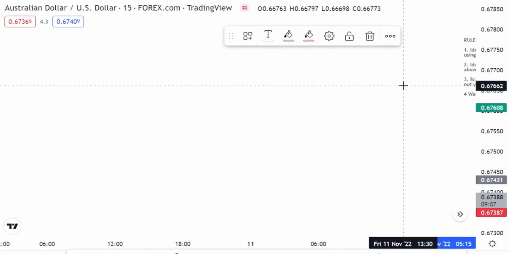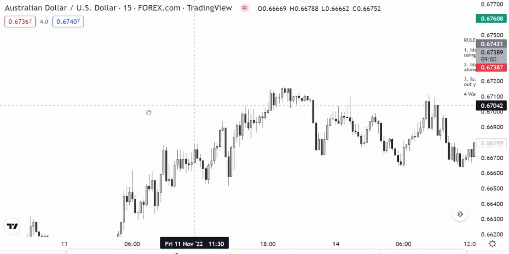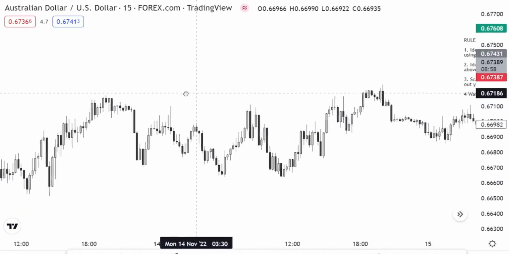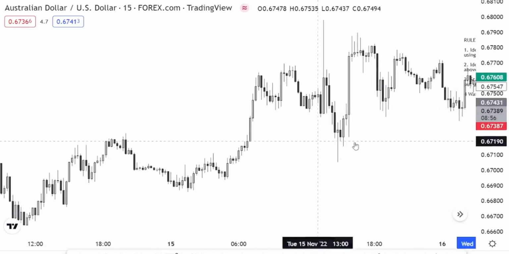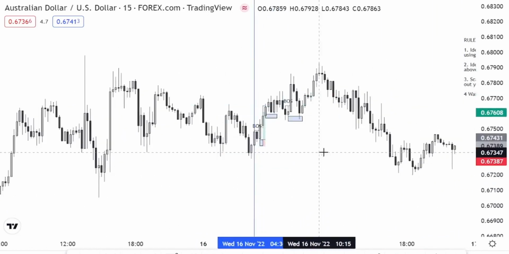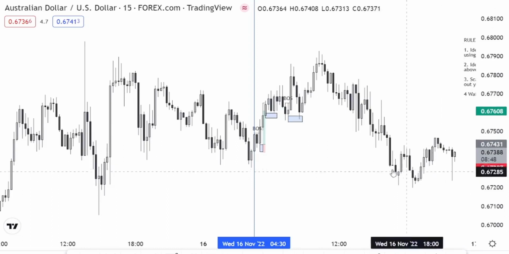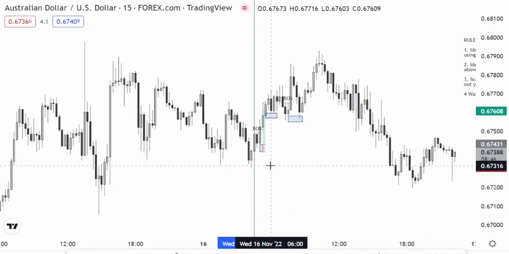All right, where is the M15? Come on, where is our M15? Okay, this first one is the first one we are looking at. This first one here.